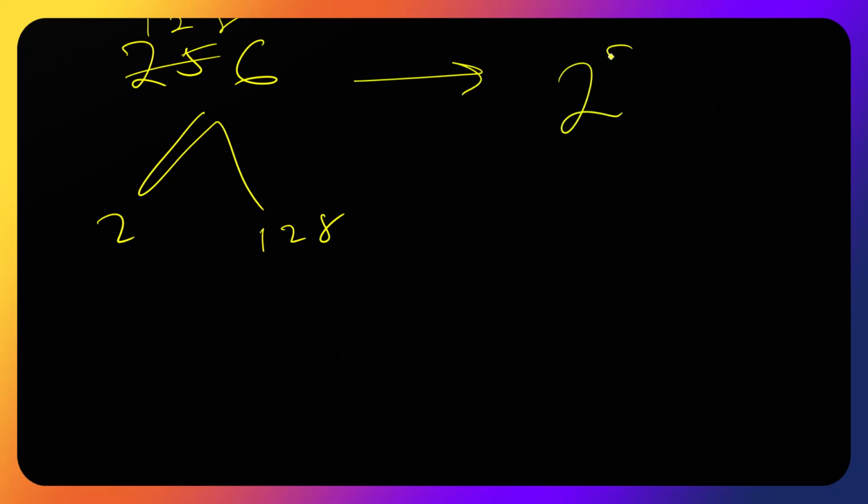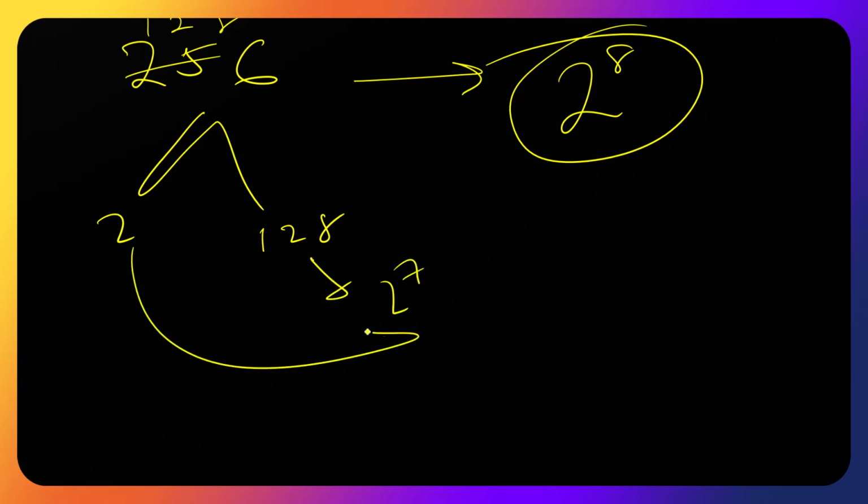So 2 to the power of 7 times another 2 will be 2 to the power of 8. So knowing the following, let's solve the examples below.